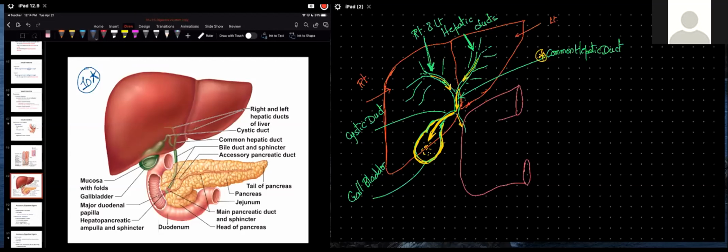The C-shaped part of the small intestine again is my duodenum. All right.